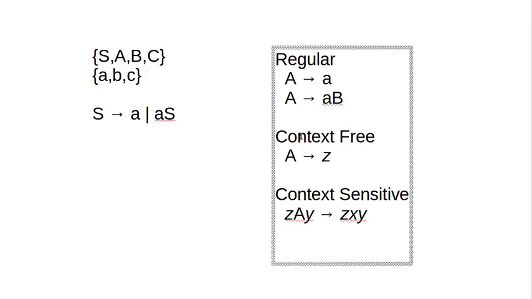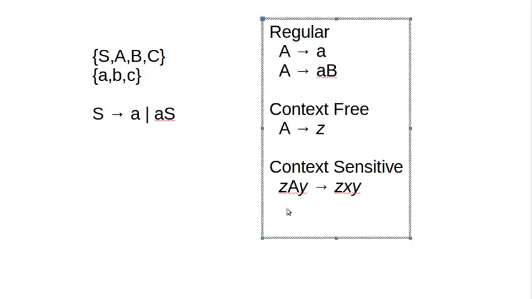So the difference between context-free and context-sensitive: in context-free I can replace my non-terminal with anything that I want. I can do the same thing in a context-sensitive. The difference is, in context-free, what's around the A doesn't matter, and in context-sensitive it does. Where it appears in the string and what's around it are significant in this case.